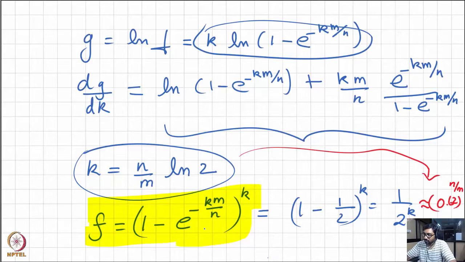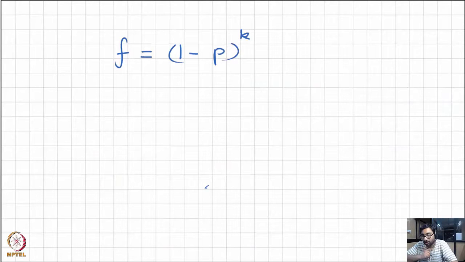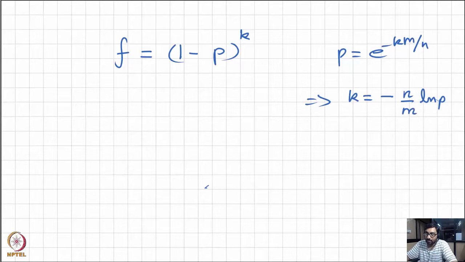Let's also look at this expression a little bit more carefully and try to get some more insight out of it. Now consider the expression f equals (1 minus p) raised to the power k. What is k in terms of p? Now recall that p equals e to the minus k m over n, and this implies that the value of k equals minus n over m ln p.